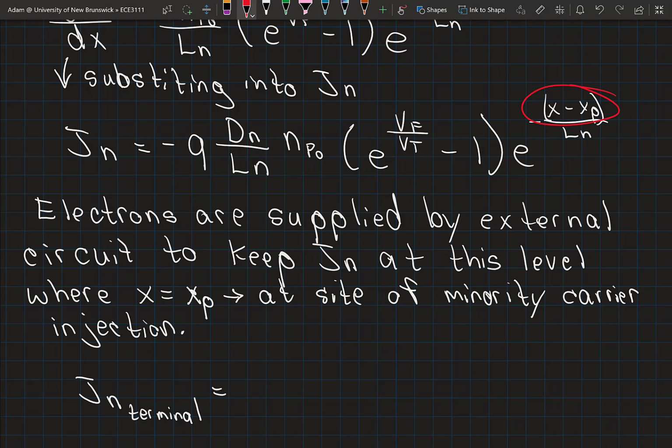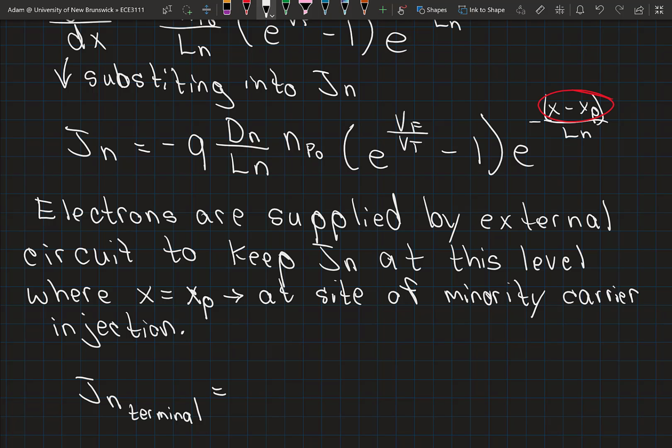At that point, this exponential term will be e to the minus 0 over Ln, so the whole term drops to 1 because x and xp are equal.